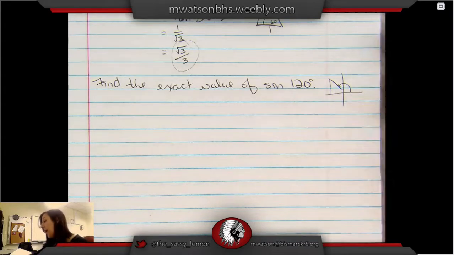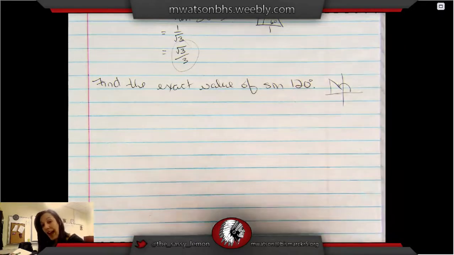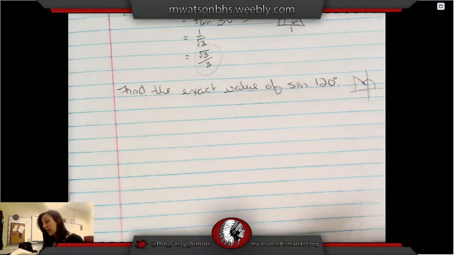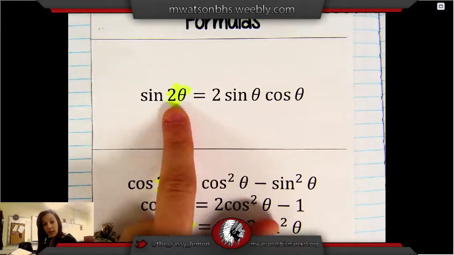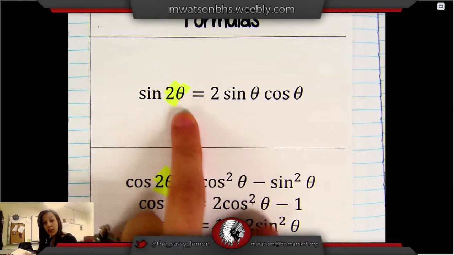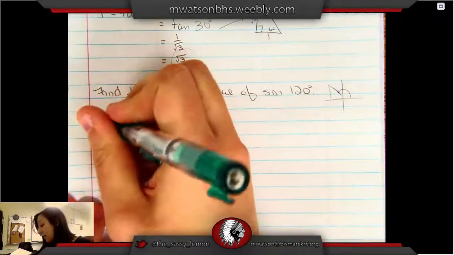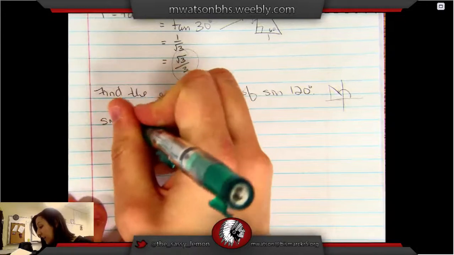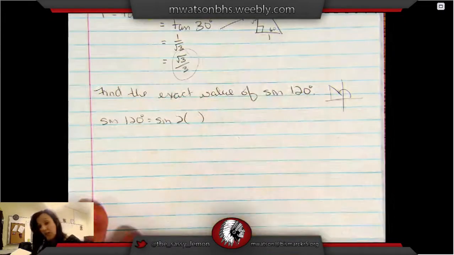This lesson is about breaking this in half, like this formula over here has. So 120 degrees, how can we rewrite that as 2 times something? Well, let's go over here and write it down. How can we rewrite sine of 120 as sine of 2 times something?